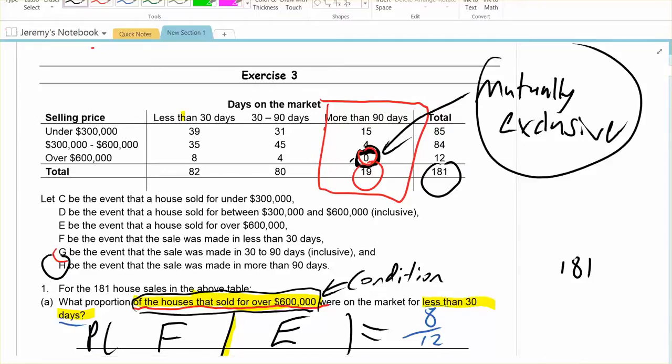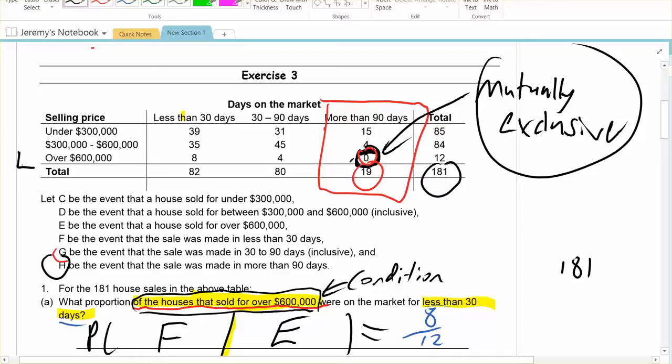If you tell me that you've picked a house from this group and it's sold for over $600,000, I can tell you that it definitely wasn't on the market for more than 90 days. Two events mutually exclude each other. The way we write that is we say that the probability of their intersection is 0. What are we calling over 600,000?